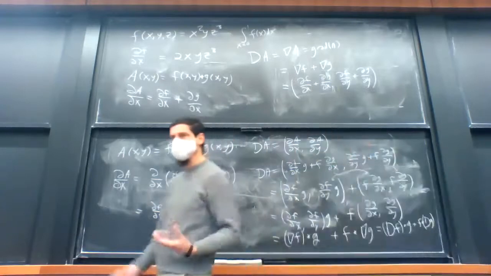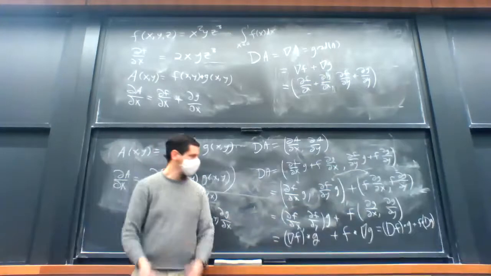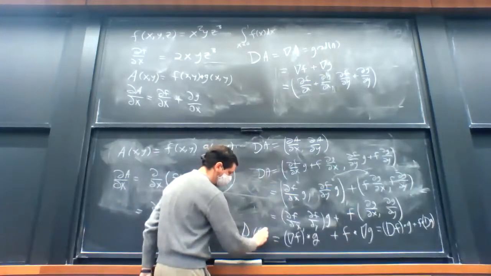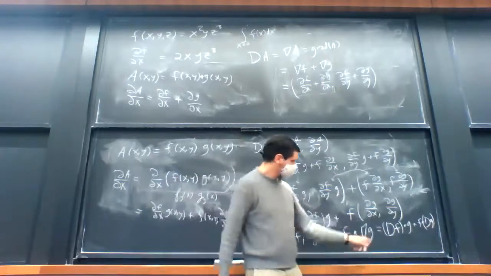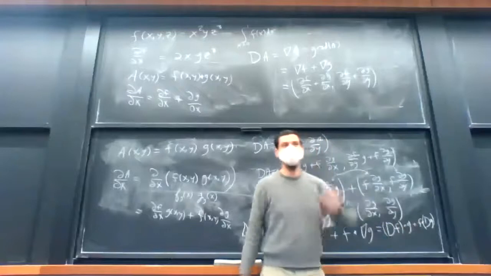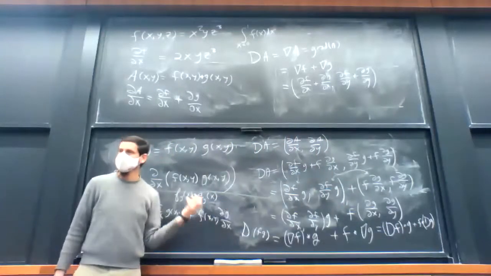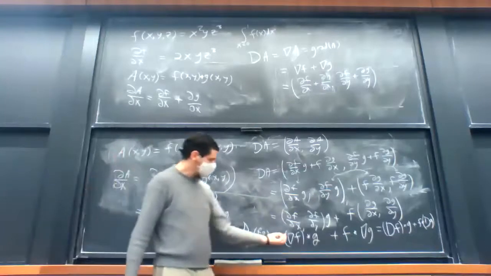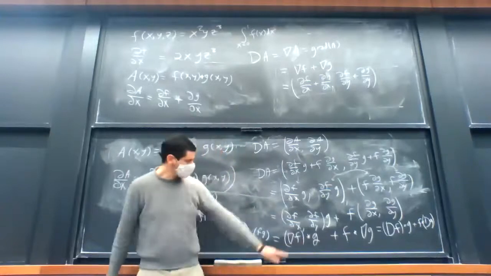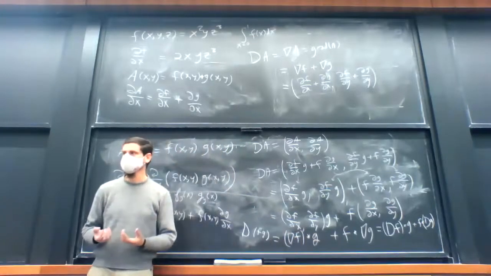The derivative of a product in one variable, of fg, is the derivative of f times g plus f times the derivative of g. It's the same. The only thing that changes is now I don't have a prime. I have to remember that this is a gradient, that this is a derivative, that this is a vector.